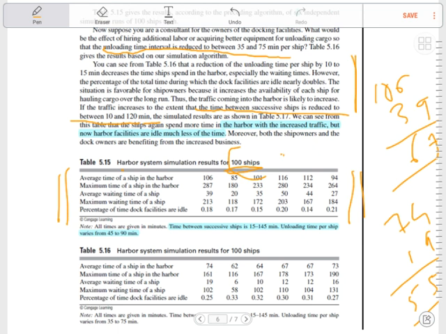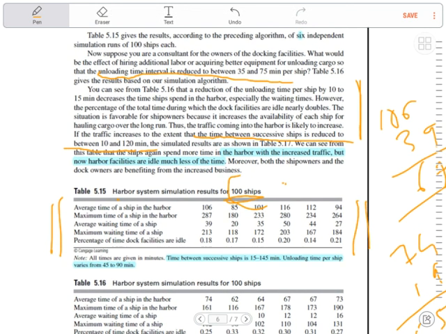Suppose you are a consultant for the owners of the docking facilities. What would be the effect of hiring additional labor or acquiring better equipment for unloading cargo, so that the unloading time is reduced to between 35 and 75 minutes per ship? This is one modification which is demanded.